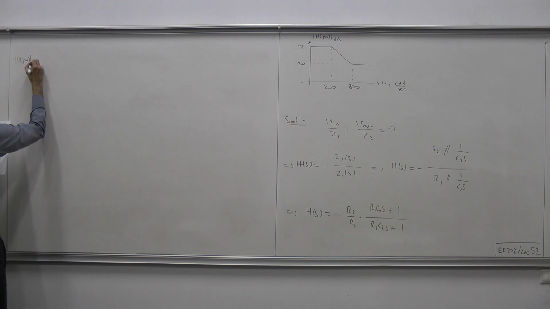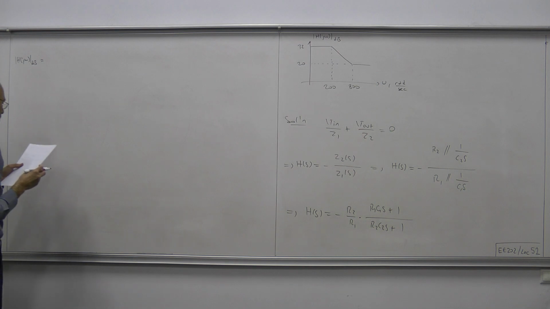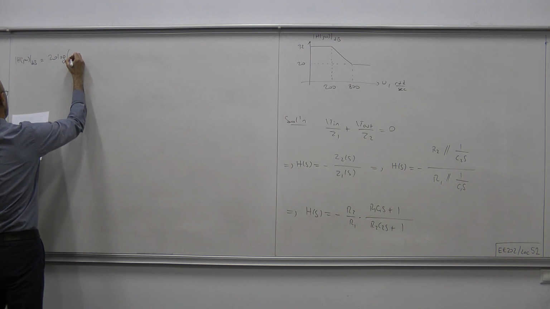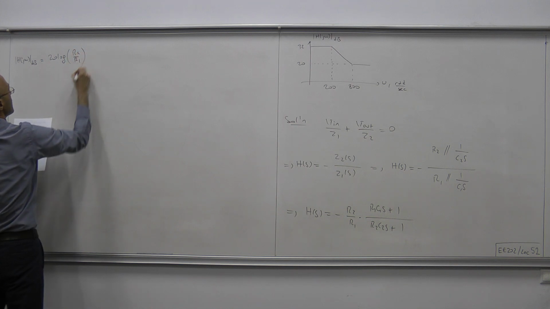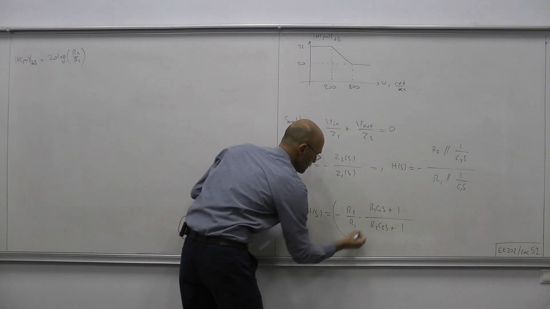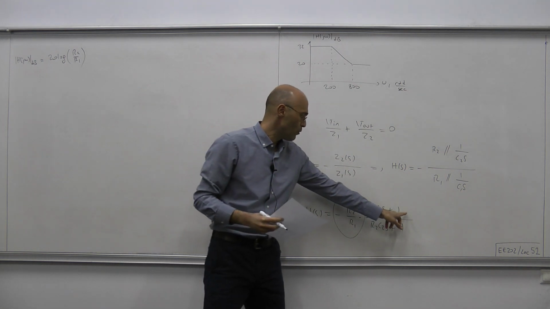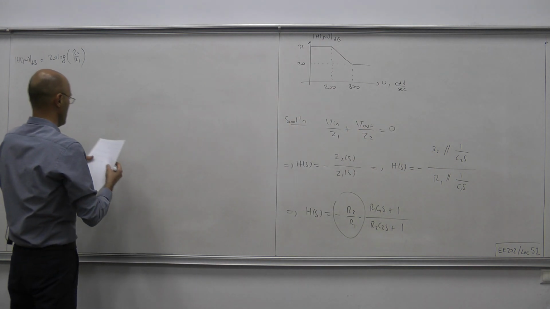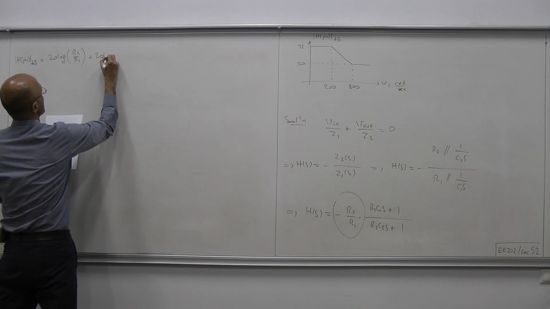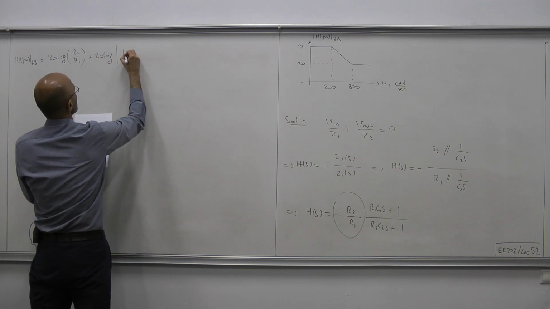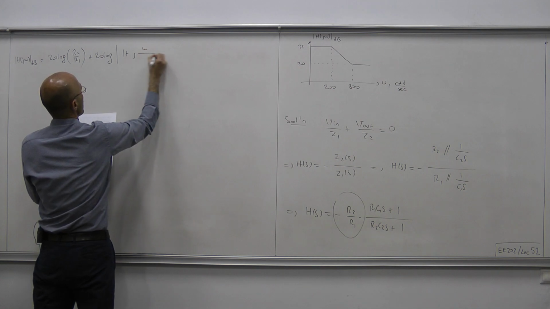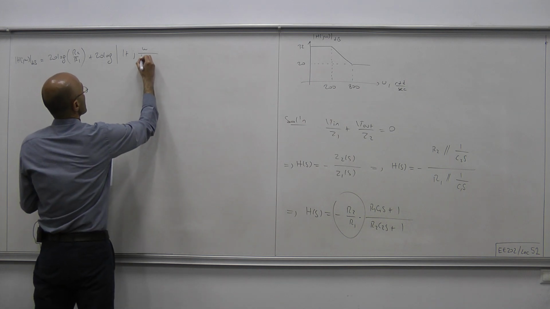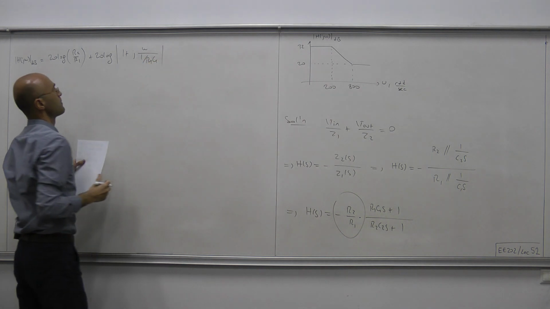H(j omega) magnitude in dB equals 20 log R2 over R1, due to this term here, and then we have 1 plus S over 1 over R1 C1, and that produces 20 log magnitude of 1 plus j omega over alpha, and in this case alpha is 1 over R1 C1 magnitude.